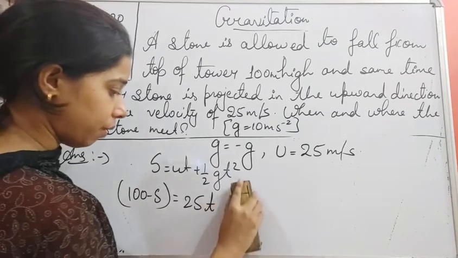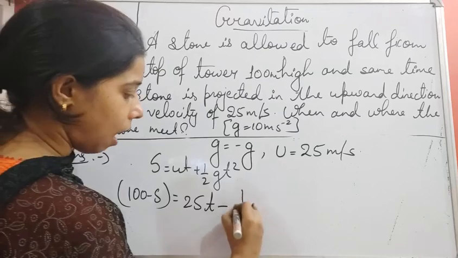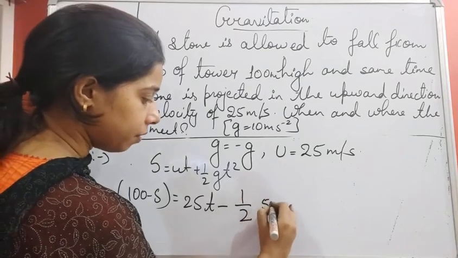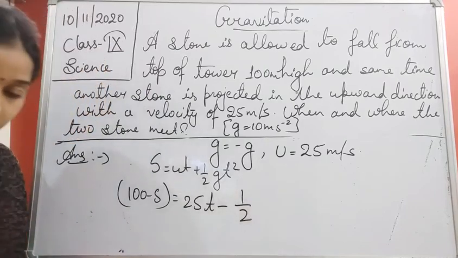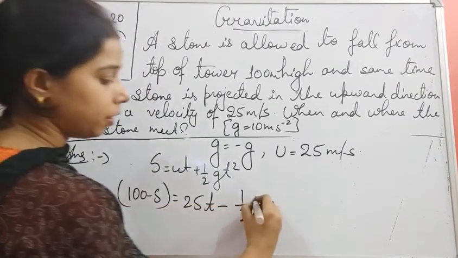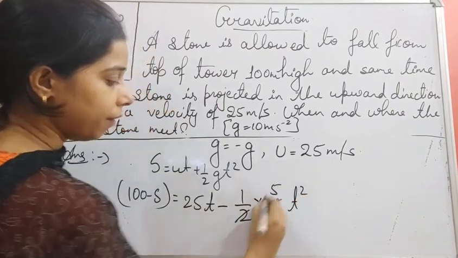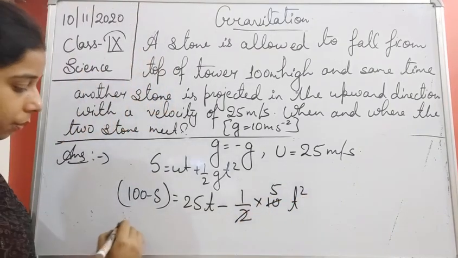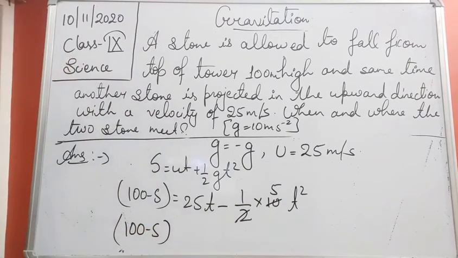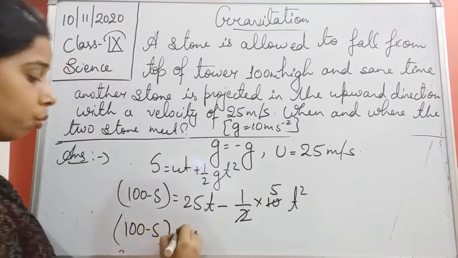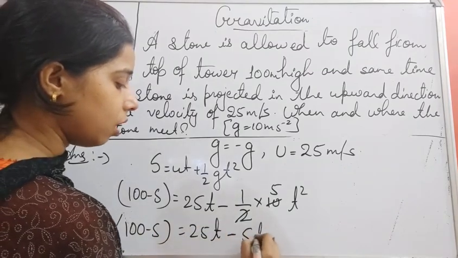So we can write it here as minus half into 10 into t square. So this will be equals to 5t square. So in place of writing this, we can write 100 minus S. That will be equals to 25t minus 5t square.